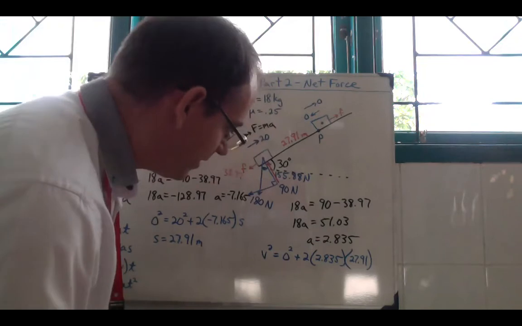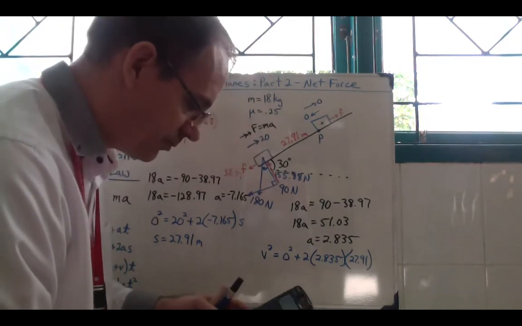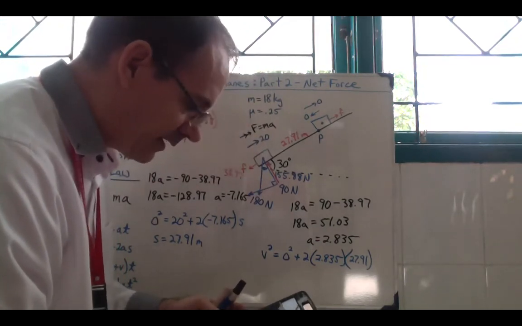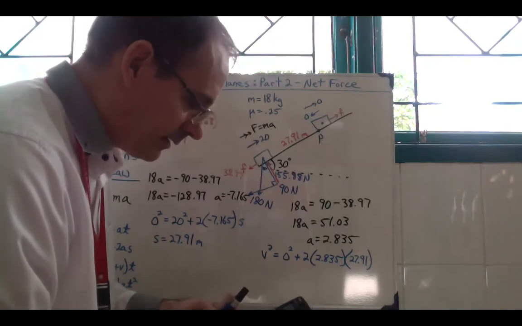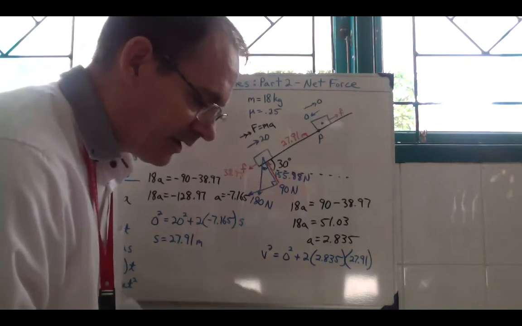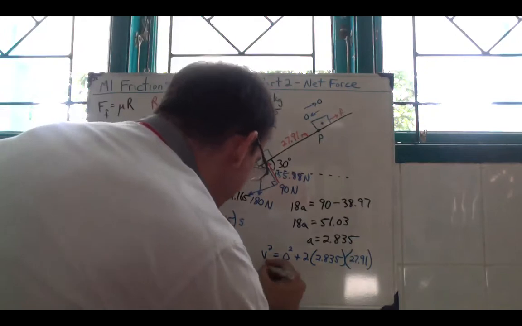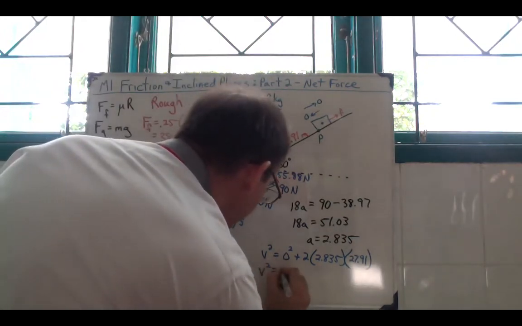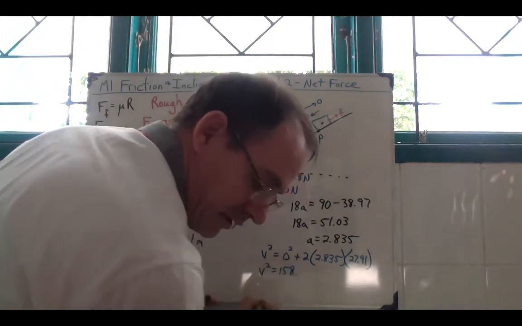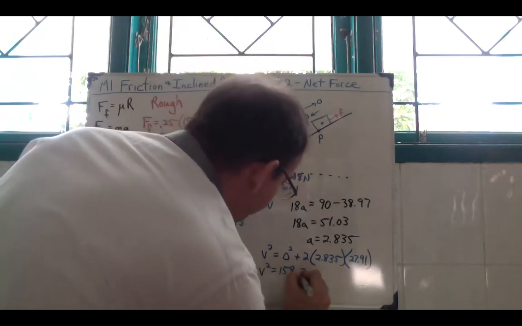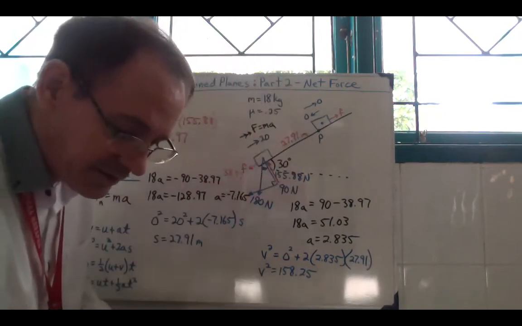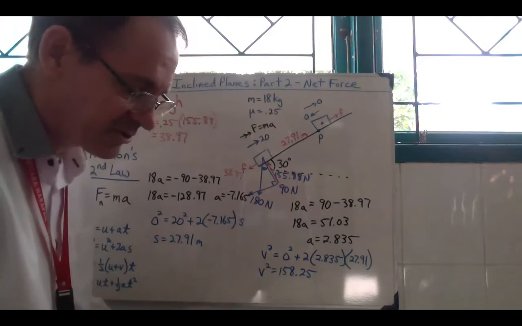So when we get this, 2 times 2.835 times 27.91 is equal to 158. So v squared equals 158.25. Then don't forget to square root, because this is a square.